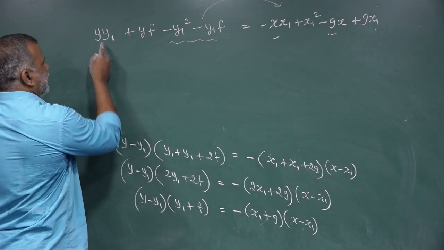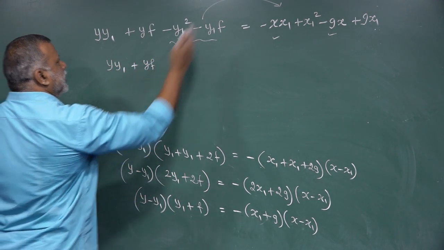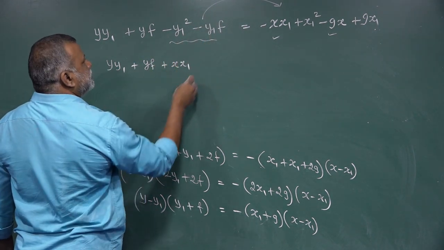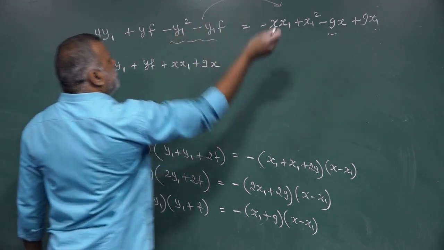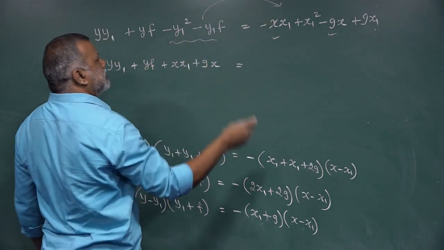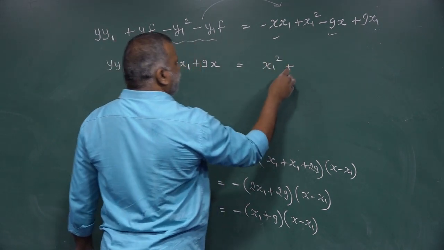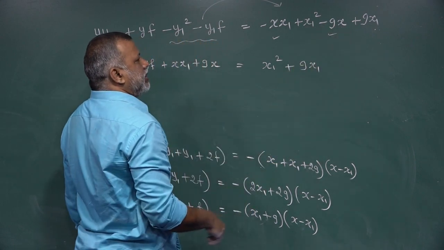So I can write like this, y1 here plus yf. Convert the two negatives here, x x1, then plus gx. Then convert these two negatives to the other side. So already here you are having x1 squared plus gx1. Two values are positive already.